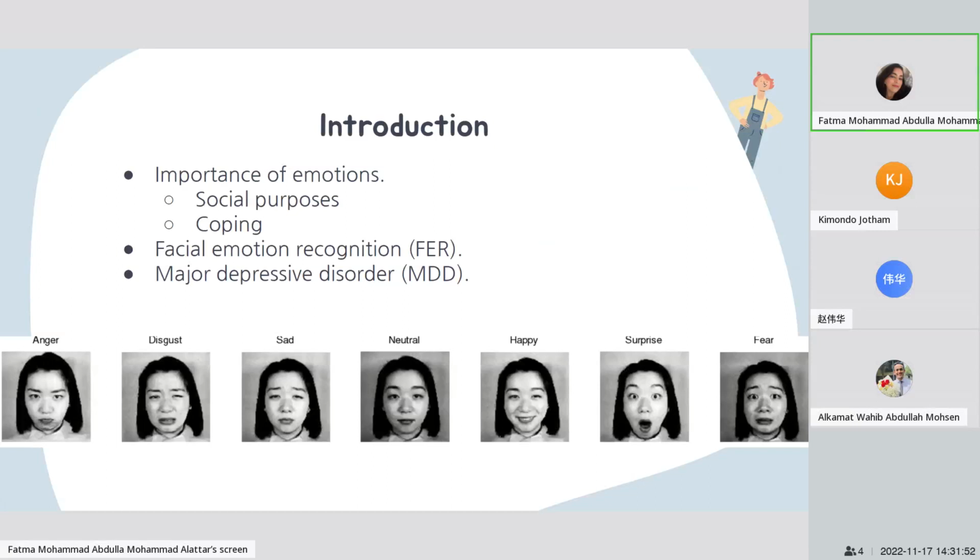One method used to express and communicate emotions across all cultures is facial expressions. And the ability people possess of identifying and understanding these facial expressions is referred to as facial emotion recognition, or FER for short.